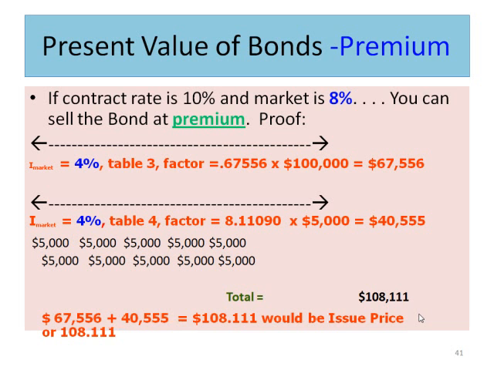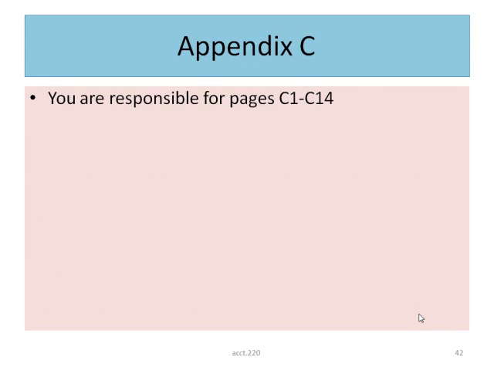So we have an issue price of 108.111. So we're selling $100,000 worth of bonds at 108.111, greater than 100%.